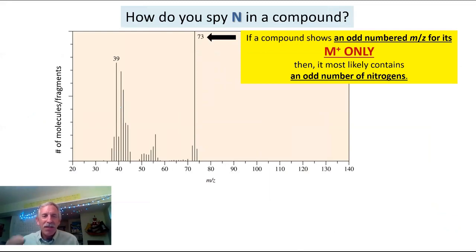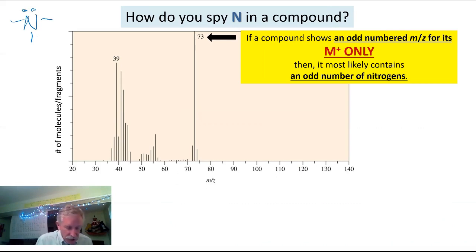So last little weird atom that could make itself apparent to you in mass spec besides chloride and bromide is nitrogen. If you have a nitrogen in your molecule, then nitrogen only has 3 bonds to it.